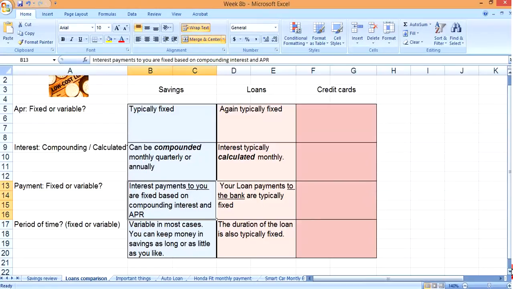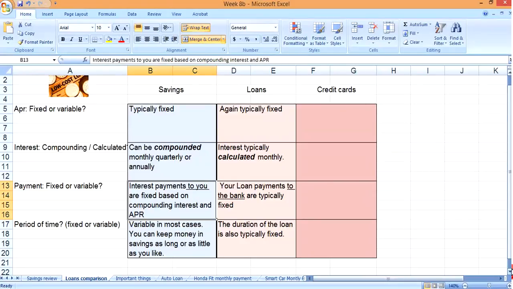Now, with loans, payments are going to be fixed. So when you graduate from DePaul and you have some student loans, after a grace period, they will send you some information and say, you need to pay X amount of dollars every month for 10 years, and that will pay off your student loans with interest. Notice I said 10 years.